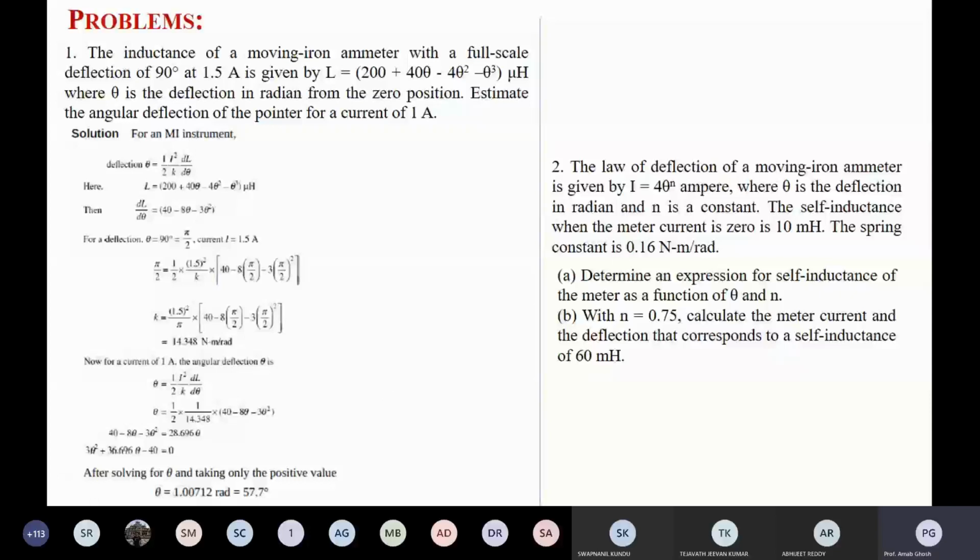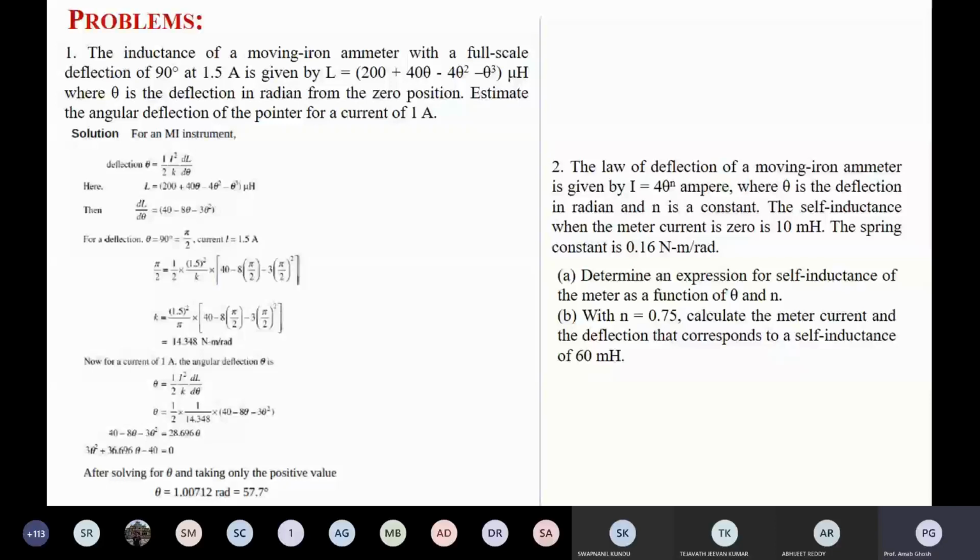Then the second problem, you have to solve it at home. For problem number 2, please note down: the law of deflection of a moving iron ammeter is given by I equal to 4 theta to the power n ampere, where theta is the deflection in radians and n is a constant. The self inductance when the meter current is 0 is 10 millihenry, L equals 10 millihenry.